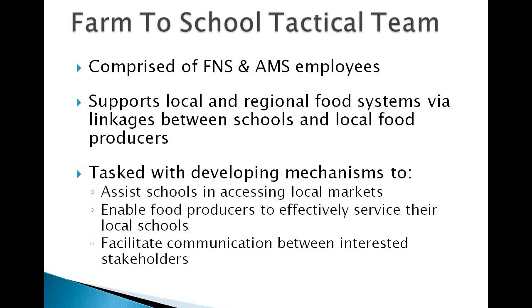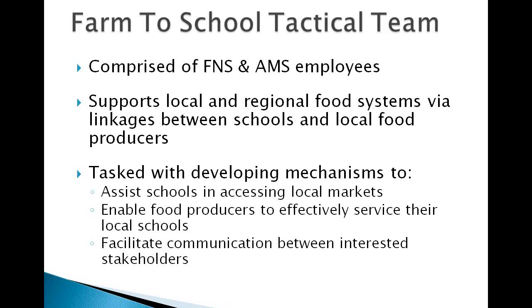The team is comprised of 4 staff members from Food and Nutrition Services and 2 staff members from the Agriculture Marketing Service. We also have regional resource members at each of our 7 regional offices and various other resource members at the headquarters office, both at FNS and AMS. The purpose of the tactical team is to support local and regional food systems by facilitating linkages between schools and their local food producers.